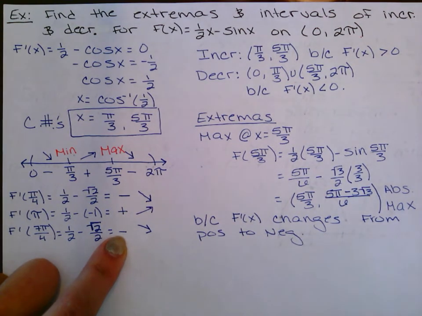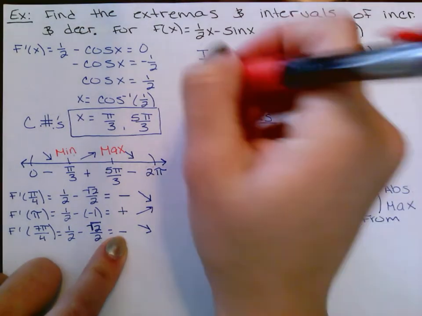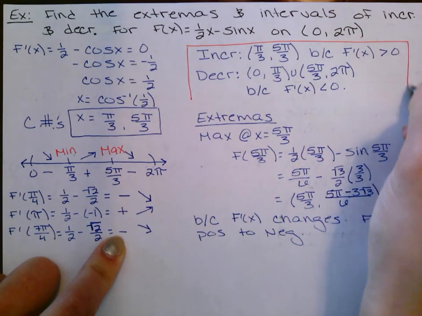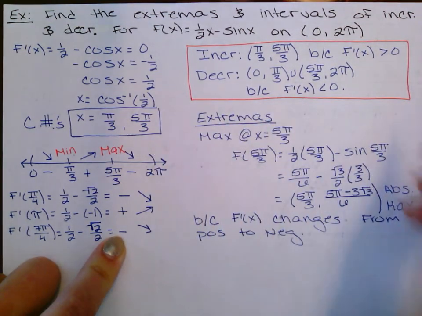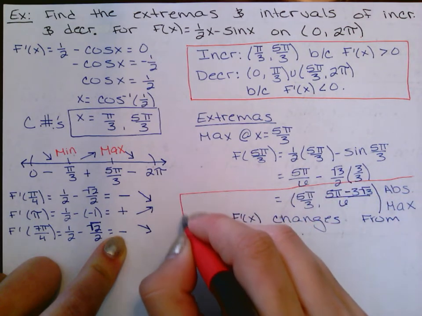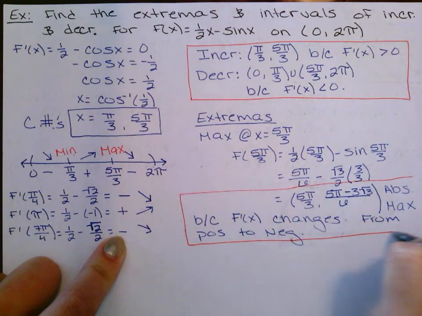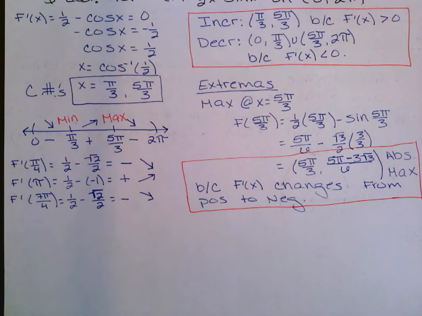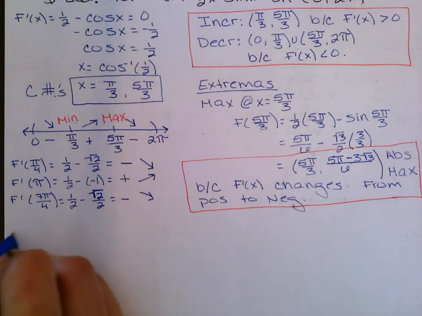Okay? So there's, let me go marking. There's my answer for increasing and decreasing. Here is my answer for my max. And I still have to do my min. I'm running out of room a little bit, but we'll scroll on down a little bit. So I'm going to write my min over here.